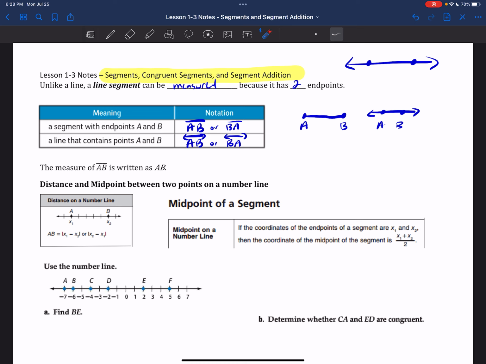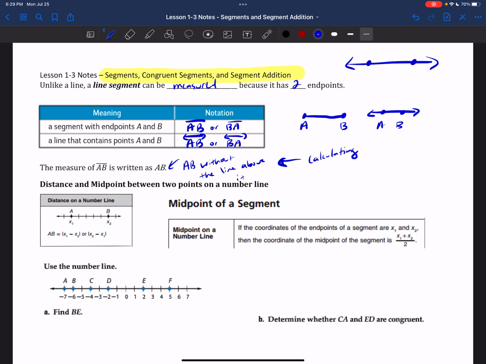If I'm calculating, I write just AB without the line above it. When I'm talking about the measure of anything, that's when I'm calculating. More details are in the notes, especially this video in particular.